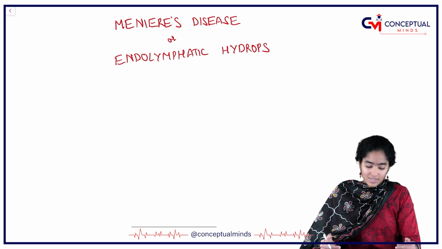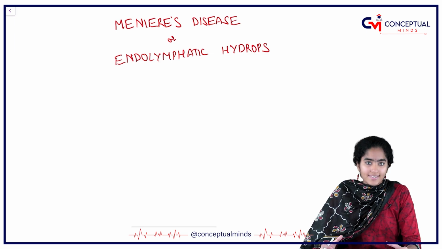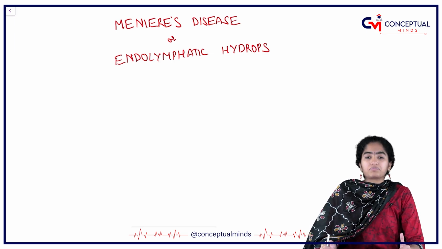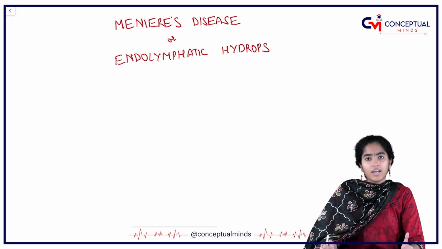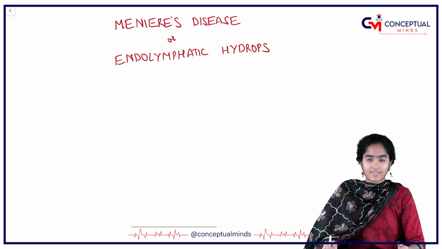So Meniere's disease is concerned with the endolymphatic system, and there is dilatation and distension of this entire system. Let us understand the basic pathology and what is going wrong exactly and where in Meniere's disease.